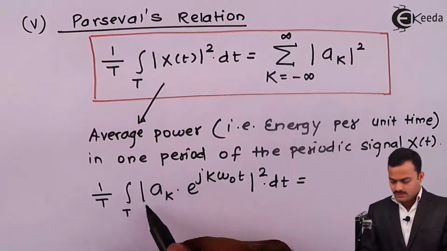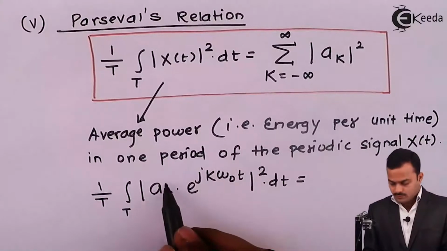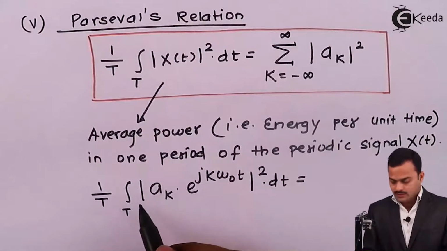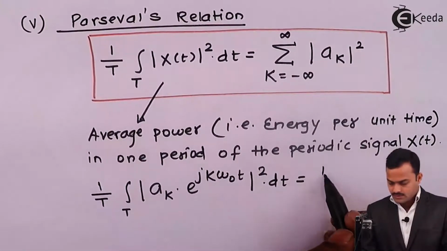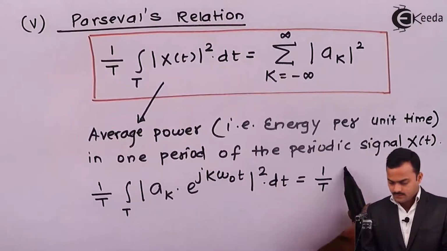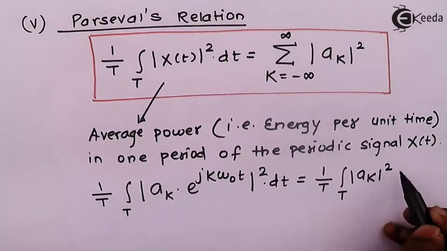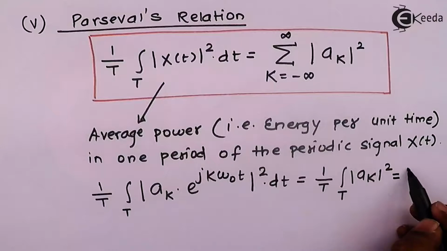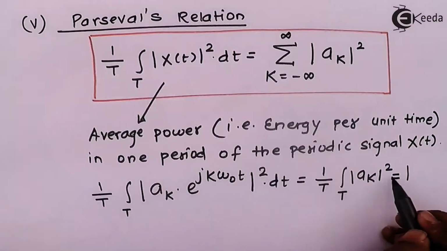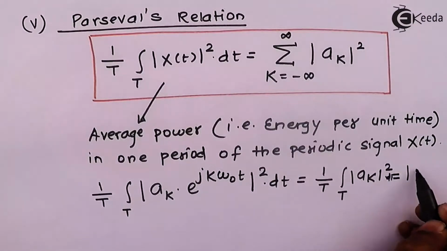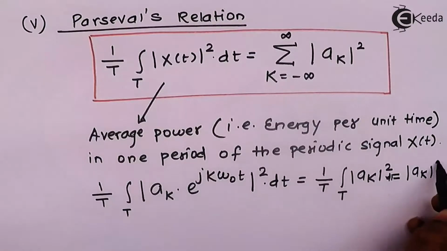Obviously this is a complex number because the mod will be on a_k only. So what I can say now is it is 1 by T integral over a capital T mod a_k square, which is nothing but mod a_k square.